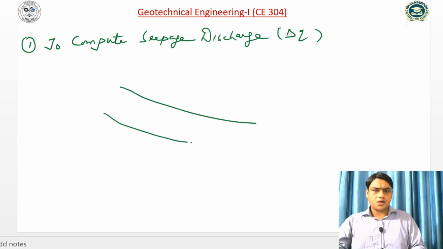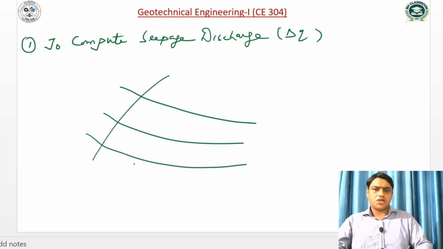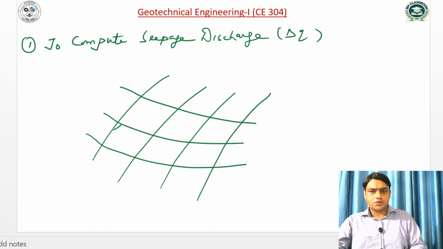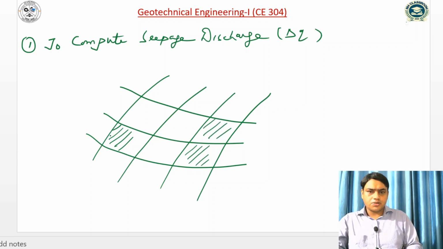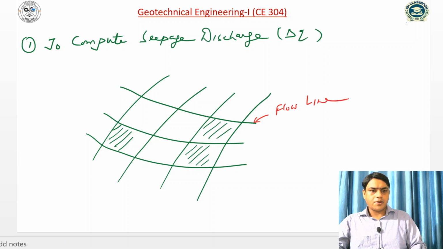Let us assume this is our flow line and this is the equipotential line. Let us assume this is our first flow field, this is the third, and this is the second flow field. This is the flow line, and the perpendicular line is the equipotential line.